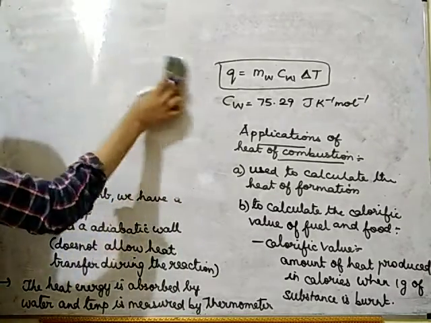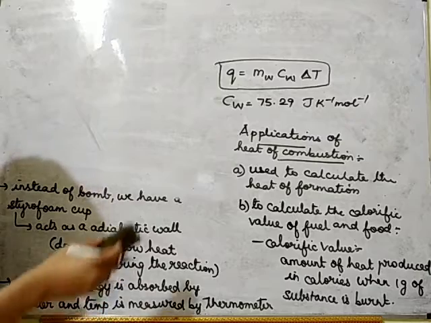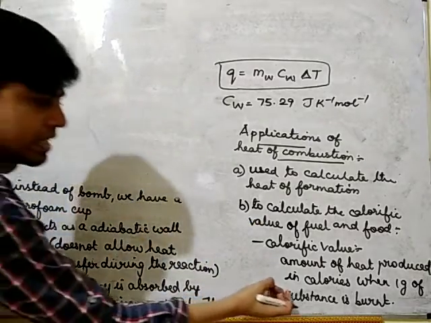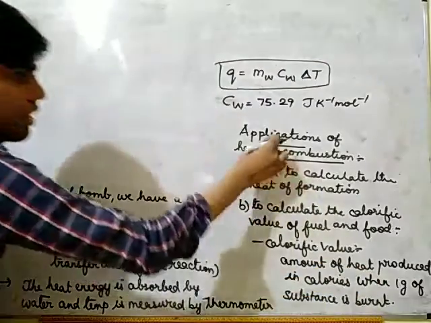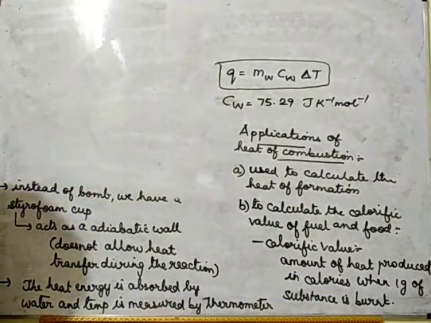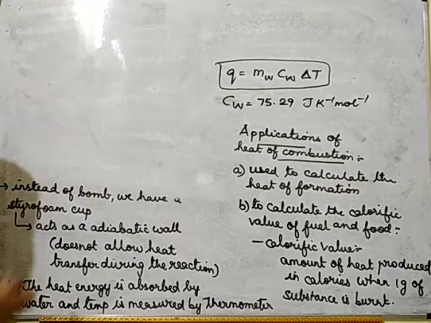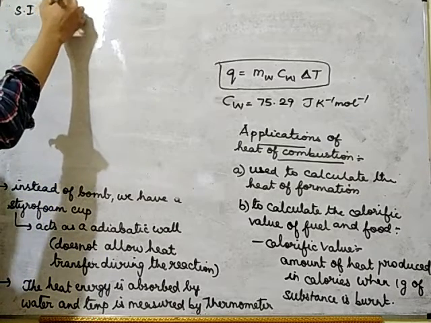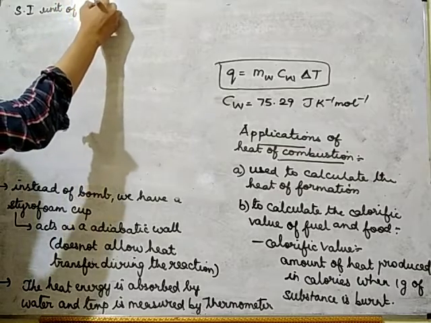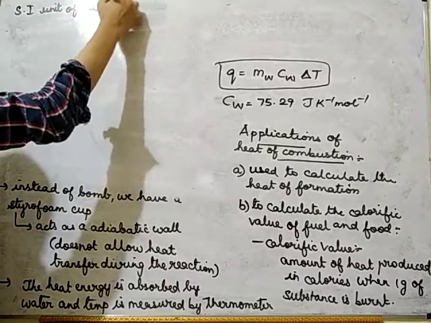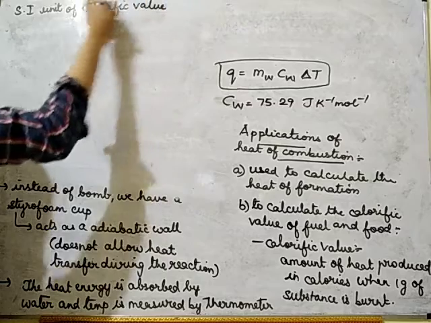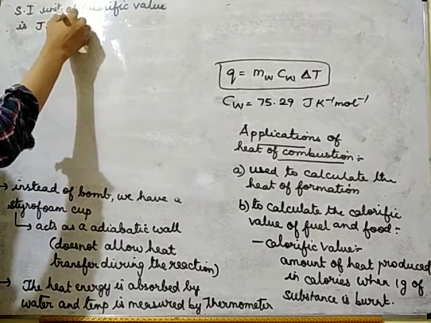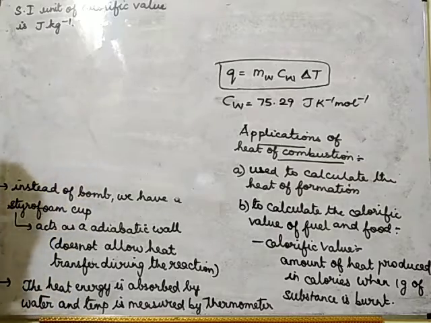So a good fuel should have more calorific value. To calculate how much heat is produced, we can use the heat of combustion formula. The SI unit of calorific value is joules per kilogram.